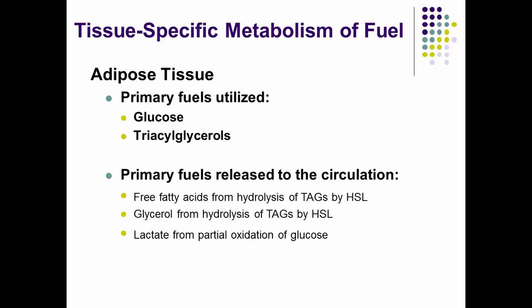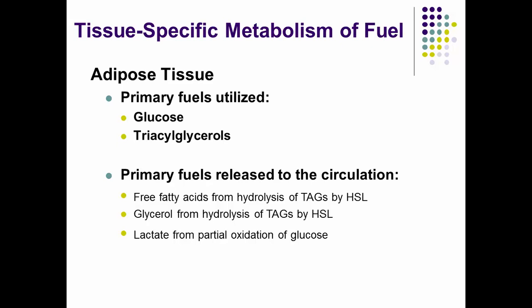And lactate can also be released from adipose tissue from the partial oxidation of glucose. Again, compared to red blood cells and muscle, adipose tissue is not a major contributor of lactate, right? But adipose tissue does release lactate.